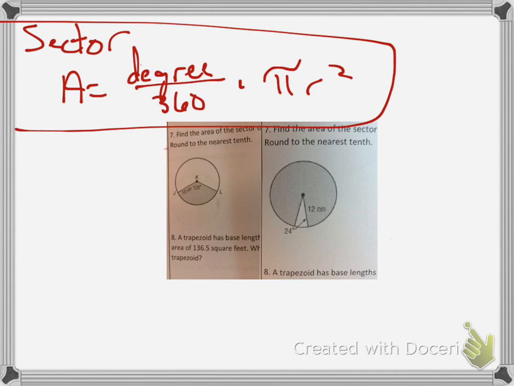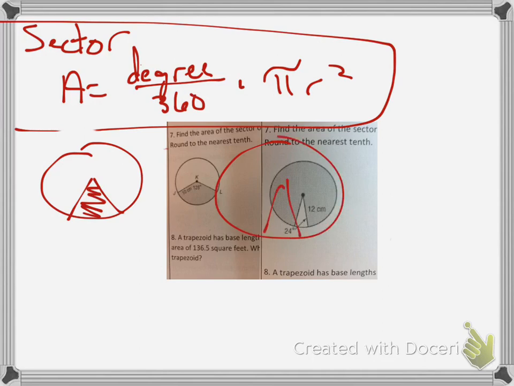Okay, so on number 7, that's asking for the sector of a circle. Again, that's degree over 360 times pi r squared. Keep in mind you can have 2 types. You could have one that goes like this, and the shaded area is in here, and then that's just a degree over 360. But if I give you the shaded area on the outside, and I give you an angle measure here, then you need to make sure you subtract that from 360 to get that degree that would go over 360.